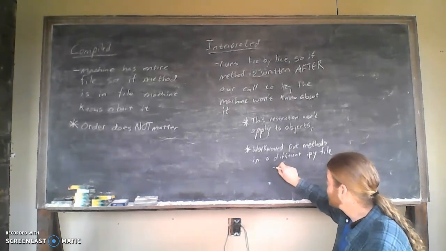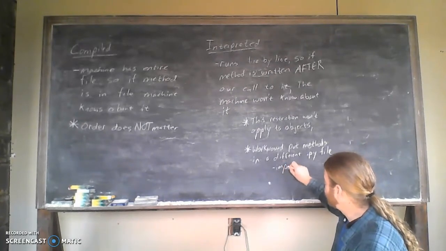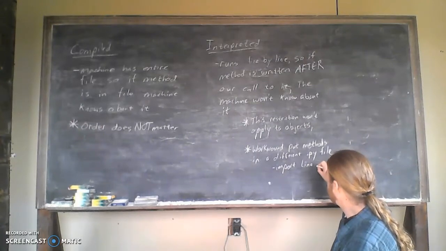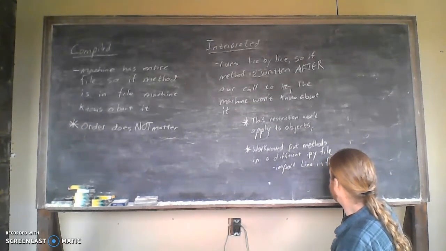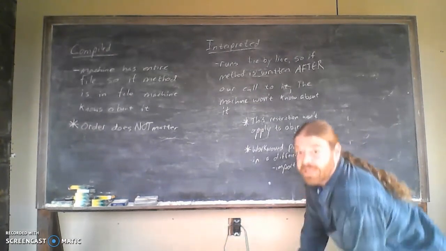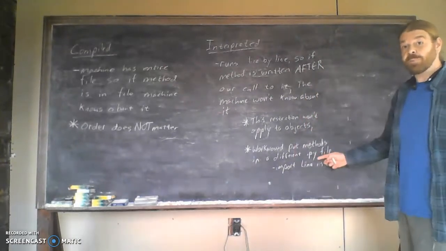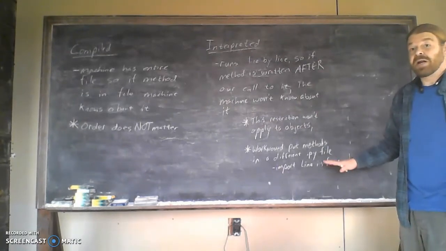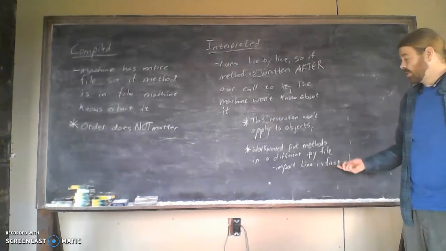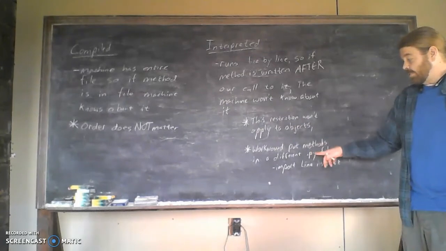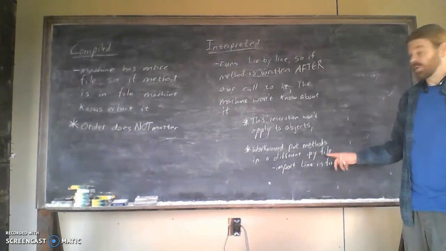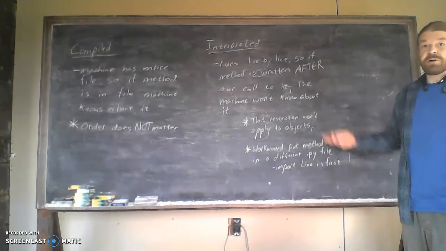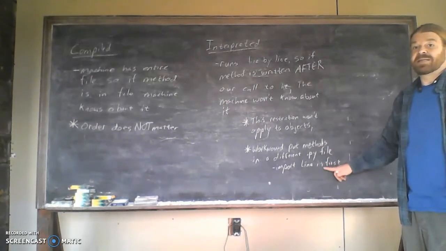And this works because the import line is first. I'll just write that because I'm running out of space. Our import line is definitely going to happen before any calls we make to functions. So if we put all our methods into another module, a separate .py file, and just import that, then we don't have to worry about it being written after, because the import happens first.